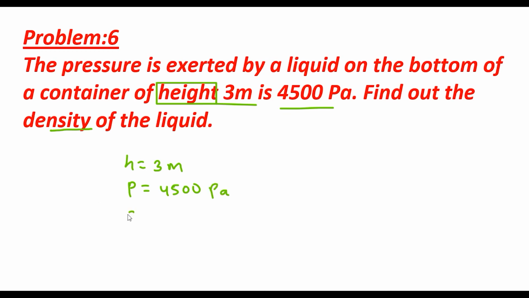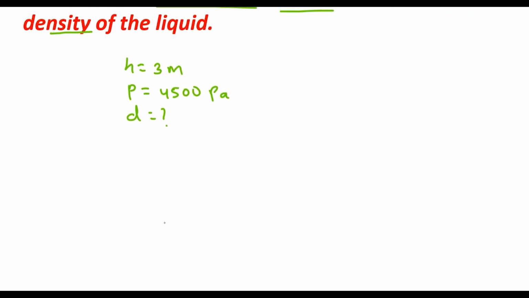Find out the density. So we know that in case of height, pressure is given by P equal to h d g. Pressure is given 4500, height is given 3.